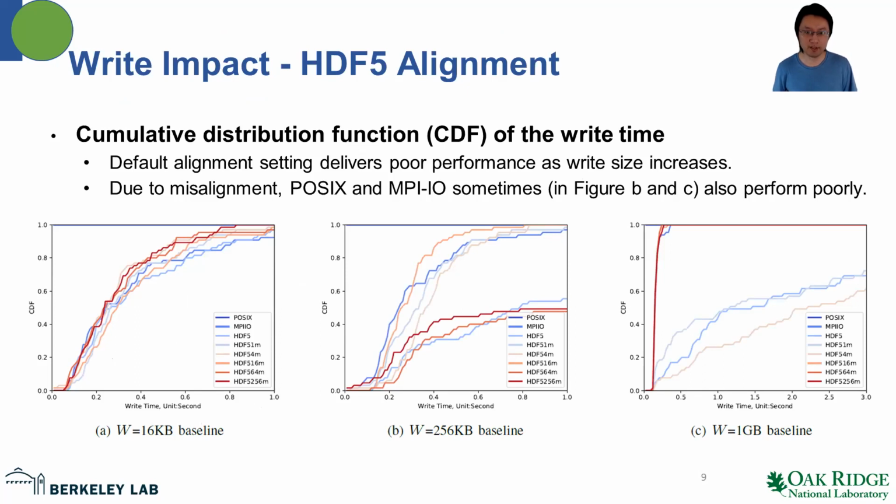We compared the performance and found that the default alignment setting delivers poor performance as we increase the total write size. Also, due to the misalignment of the data writes and the file system block sizes, the POSIX-IO and MPI-IO sometimes also perform poorly.